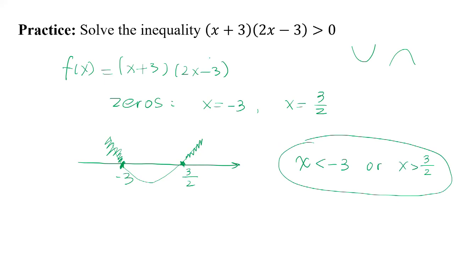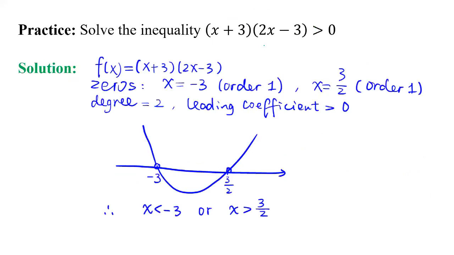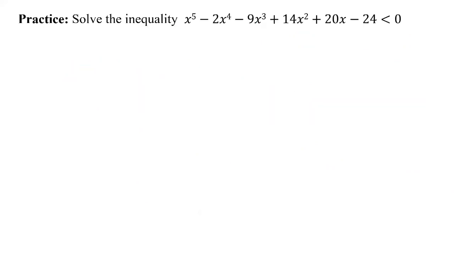Or if you are familiar with the quadratic function, you can directly sketch its graph because it will look like either this way or this way, right? But it only applies to quadratic functions. If the degree is higher than 2, you need to analyze its graph by analyzing its leading coefficient along with the degree, all right?